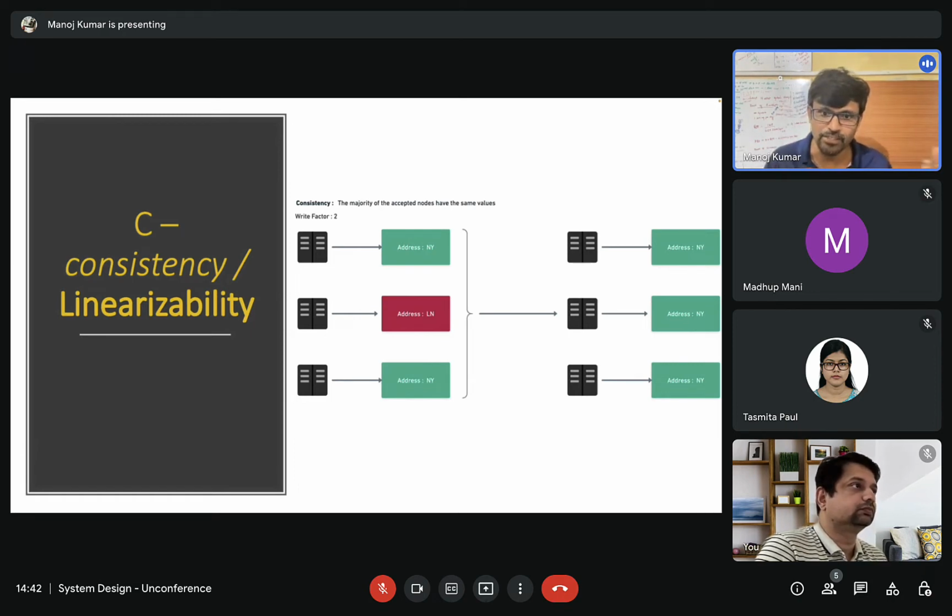Say in a linearizable system, or you can call it consistency, at t0 we have a state saying that the dog is hungry. And at t1, there was an update saying that the dog state is full. So all the nodes must have the t1 state, and you're not allowed to show the client that the dog is hungry. Once you say it is consistent, then you cannot go back in time.